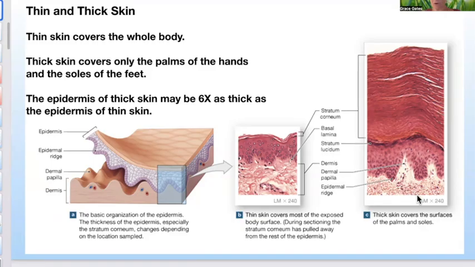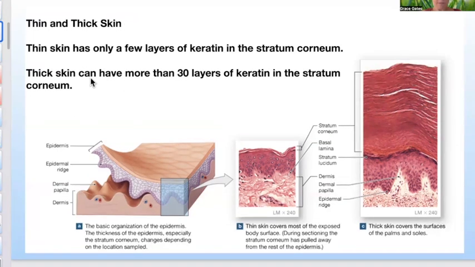And then to the far right, we see thick skin with the really thick stratum corneum with the many layers of keratin. They have counted, and thick skin can have more than 30 layers of cells that are just membranes full of keratin in the stratum corneum. Okay, so it can be quite thick.